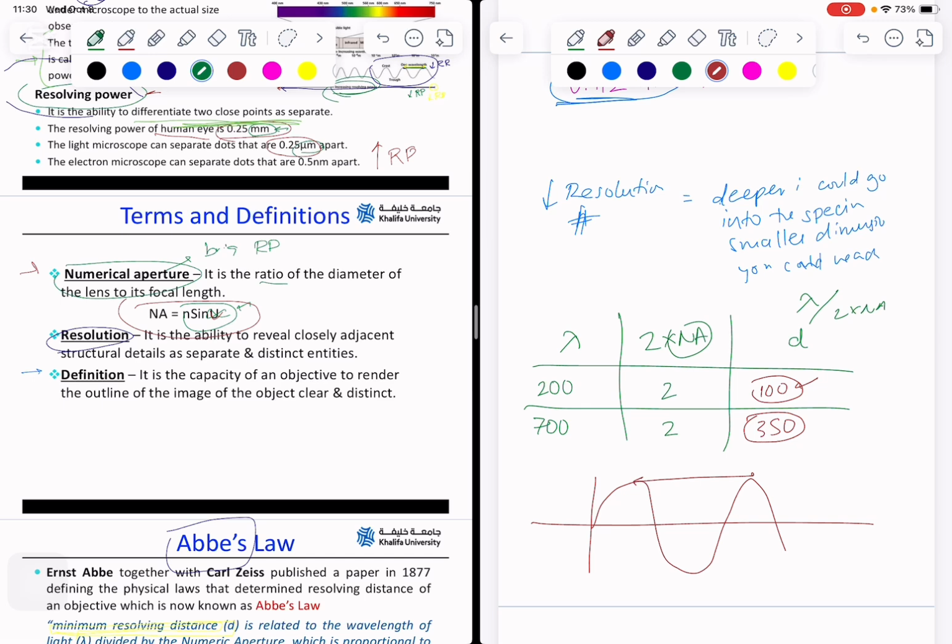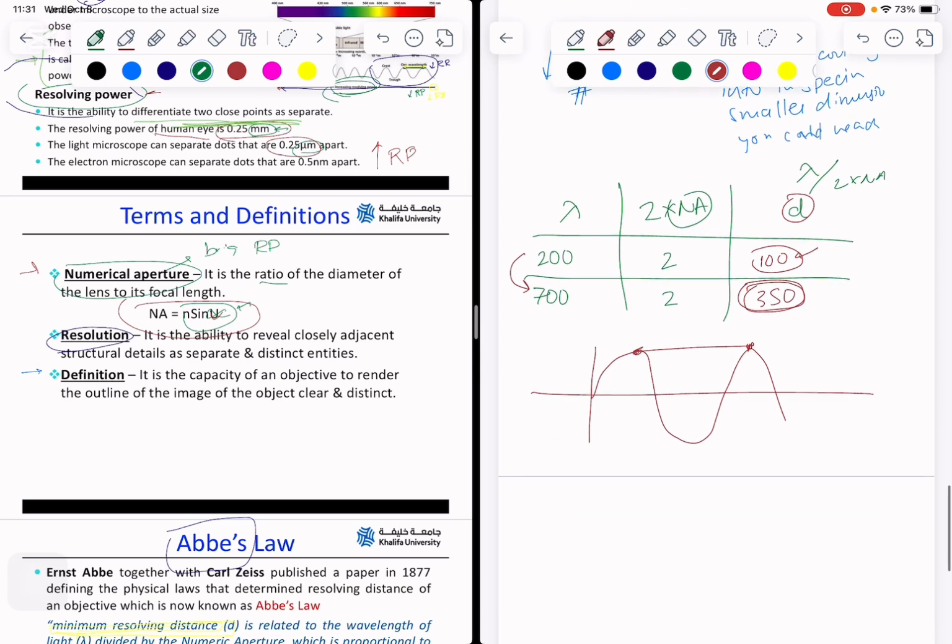Because look, when we increased the wavelength from 200 to 700, we ended up having a lower resolution power of a D that's 350. Basically, I could only go down to 350 nanometers, for example. But the first one could go down or deeper into the 100 nanometer scale.